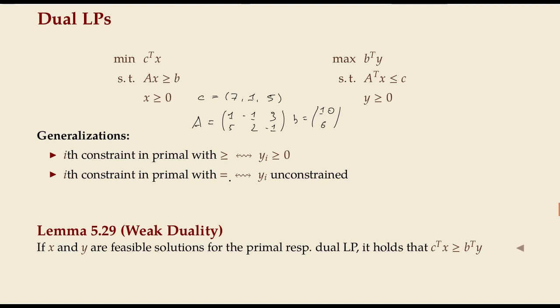If we, however, have in the primal an equality constraint, which we in general can also allow, then the y that we obtain in the dual is unconstrained, because an equality can be multiplied in either direction.